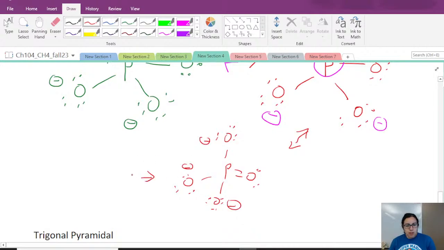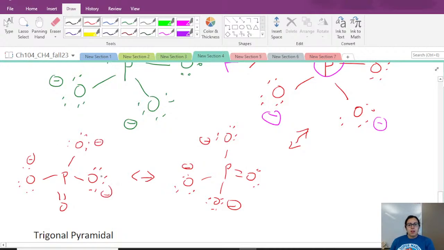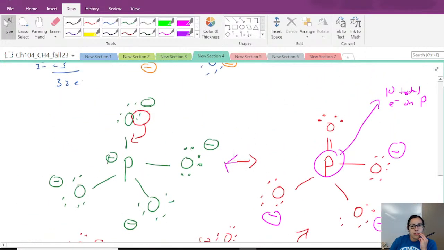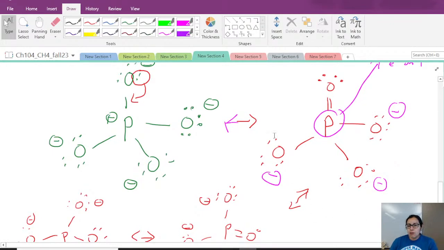And then I'll draw the other one. And so you can just go round and round. With these resonance structures, we see that the negative charge is always at least on the oxygen.